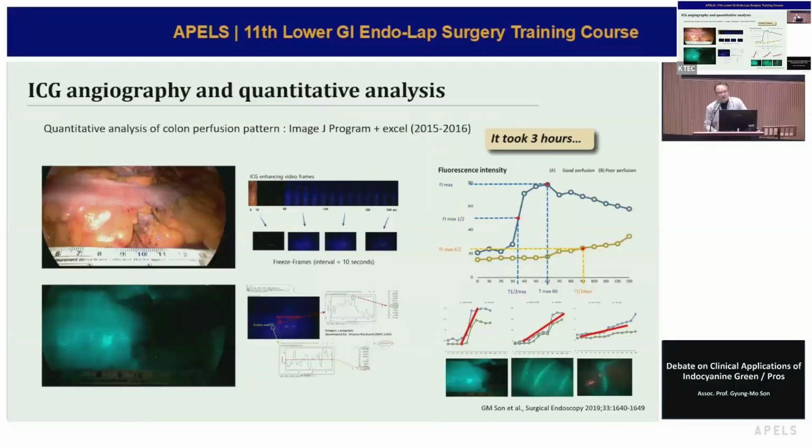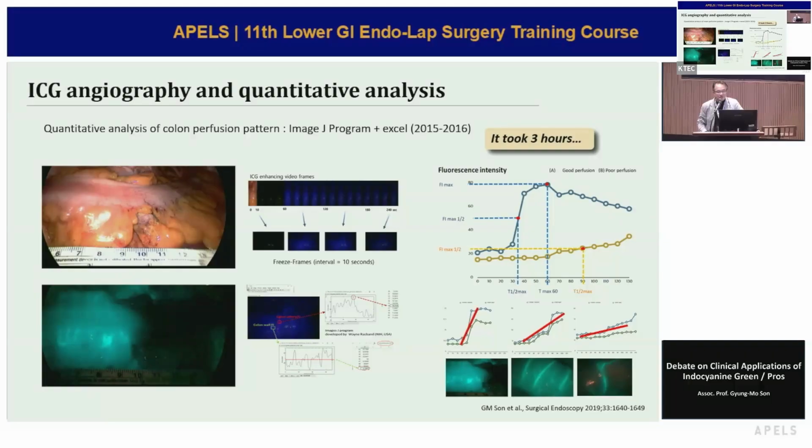At first, I analyzed the ICG image using the Excel program and the ImageJ program, and I drew this graph. Just one graph needed 3 hours for analysis. It was very, very tough work. But I could see that just showing ICG is not enough, because in this first case there is a very abrupt increase of fluorescence intensity, which is very good perfusion.